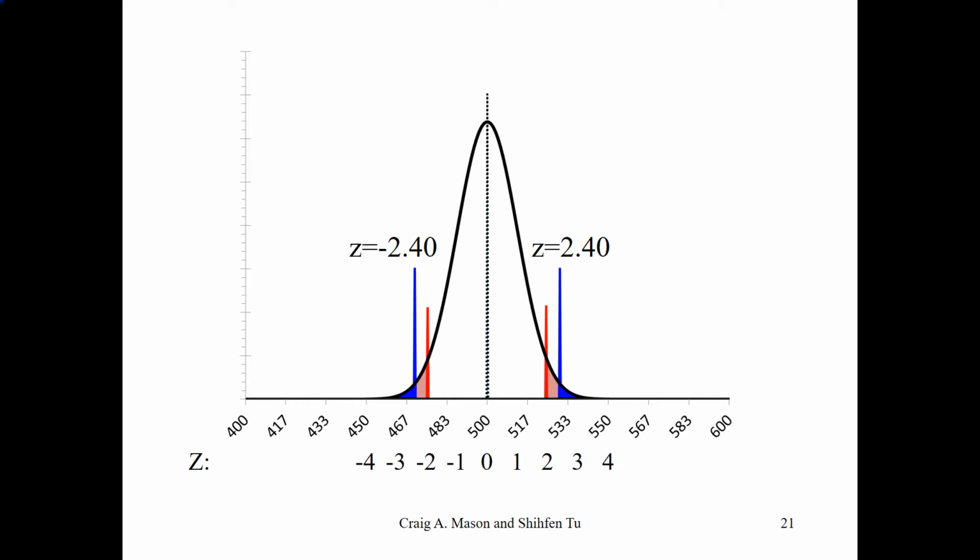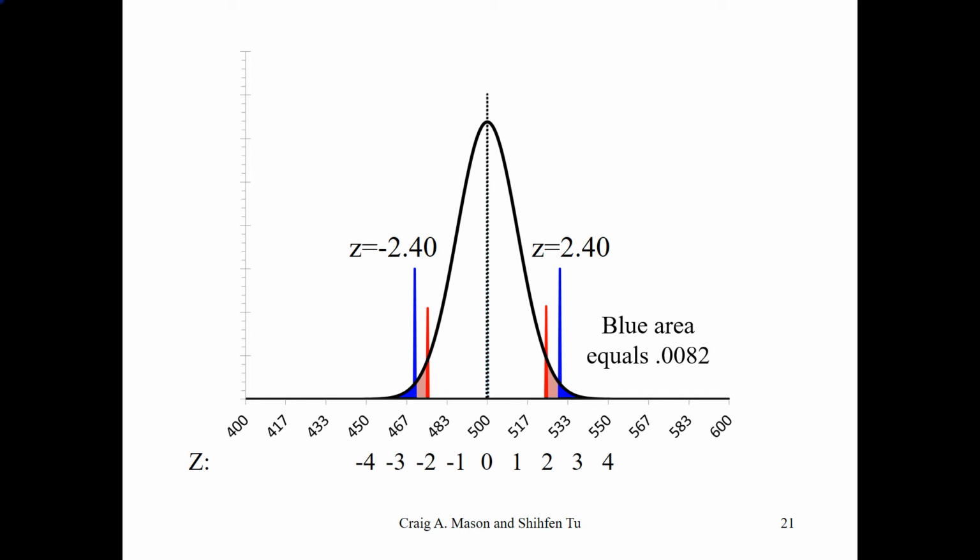Our p-value is equal to the area for a z-score of positive 2.40 or more, or a mean SAT score of 530 or more, which is equal to 0.0082 or 0.82%, plus the area for a z-score of negative 2.40 or less, or a mean SAT score of 470 or less.